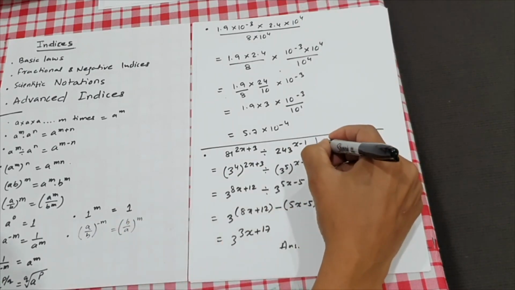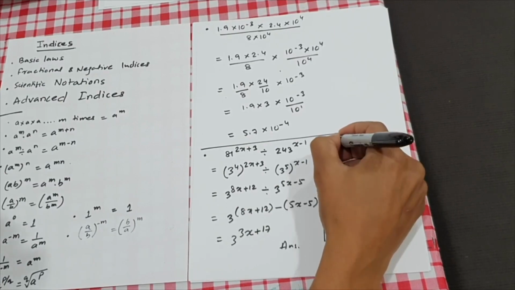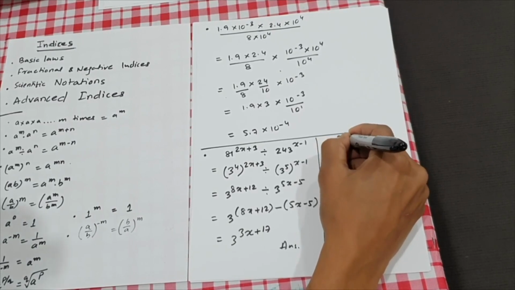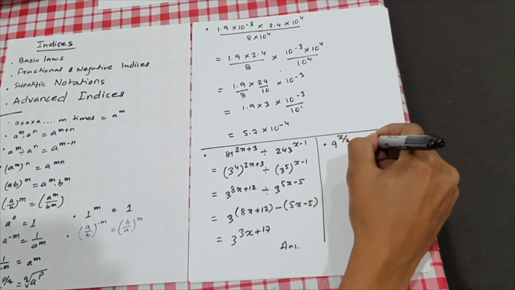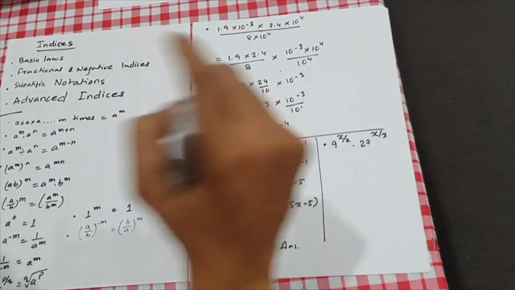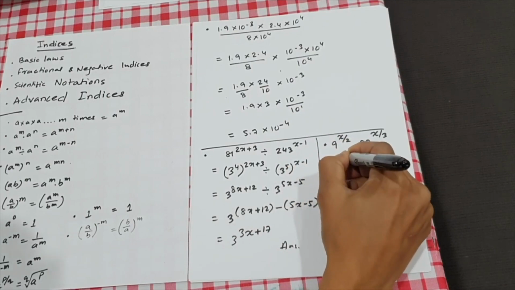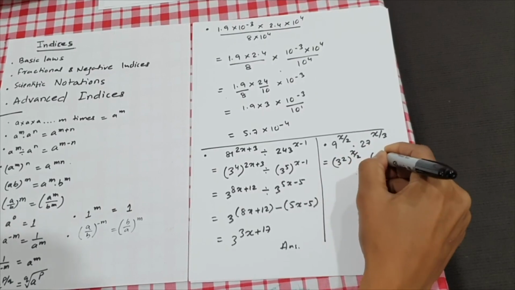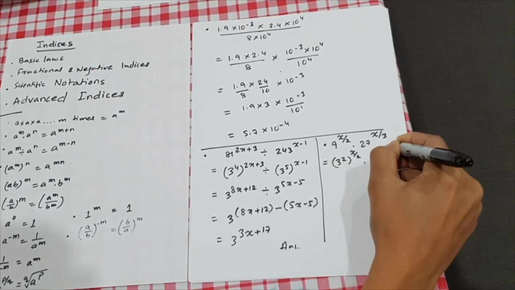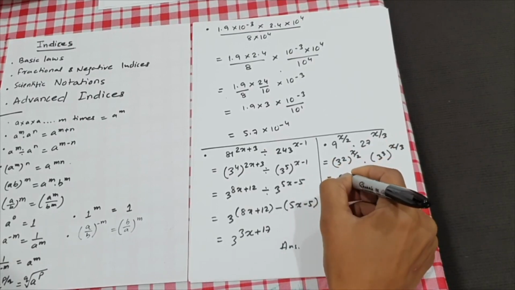We can take one more. That's 9 to the power x by 2 into 27 to the power x by 3. This is simple. Again, when we're doing indices, it should strike us. Just need to have a good pair of eyes is what people say.